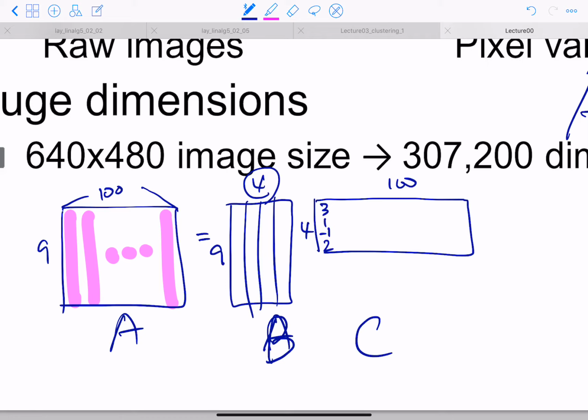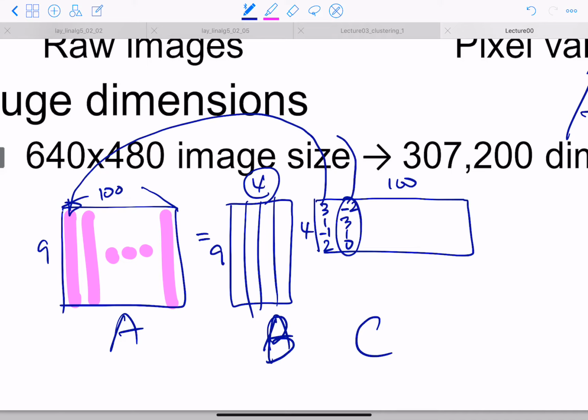That will work as linear combination coefficients to produce the first person's facial image as their full pixel values, and maybe -2, 3, 1, 0.